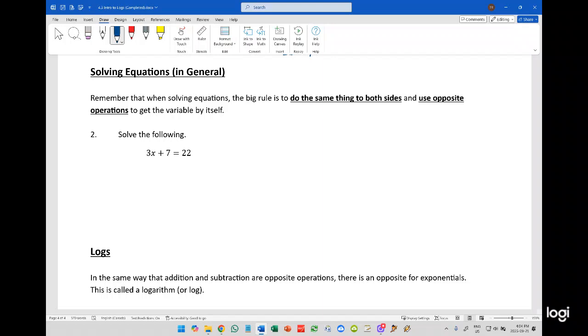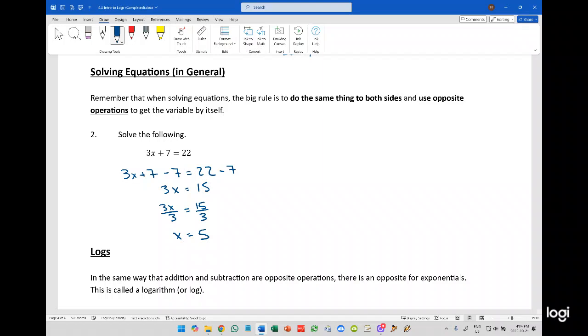So to solve this 3x plus 7 equals 22, I'm going to take 3x plus 7, leave a little space, and subtract 7 from that side, subtract 7 from that side. And that simplifies to 3x equals 15. And then I'm going to write 3x divided by 3 equals 5, 15 divided by 3, and that's x equals 5.